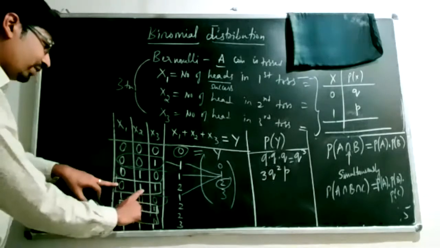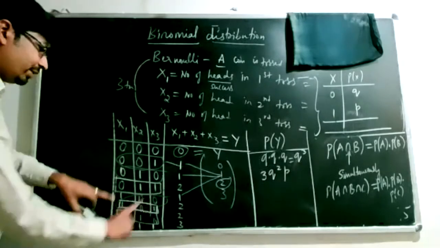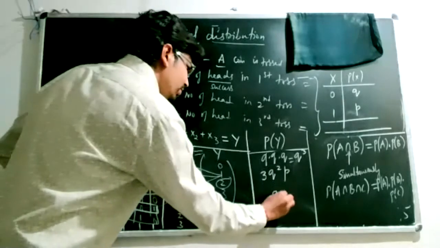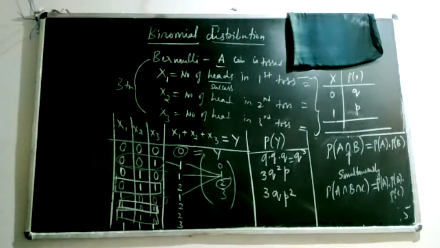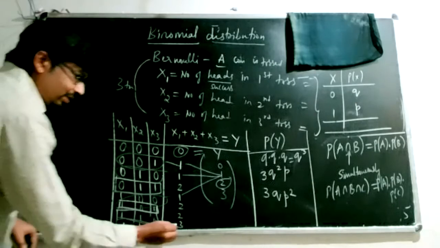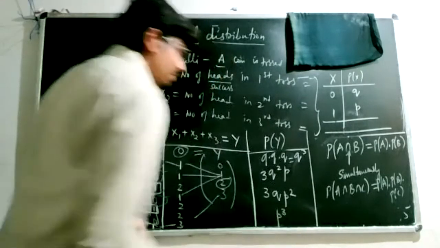So there you have 2 ones, therefore it will be Q into P into P, which is Q P square, and that can also happen in 3 ways. Therefore, it is 3 into Q into P square. And if you look into the last case, 3, there is only one case, so that will be P into P into P, which is P cube.